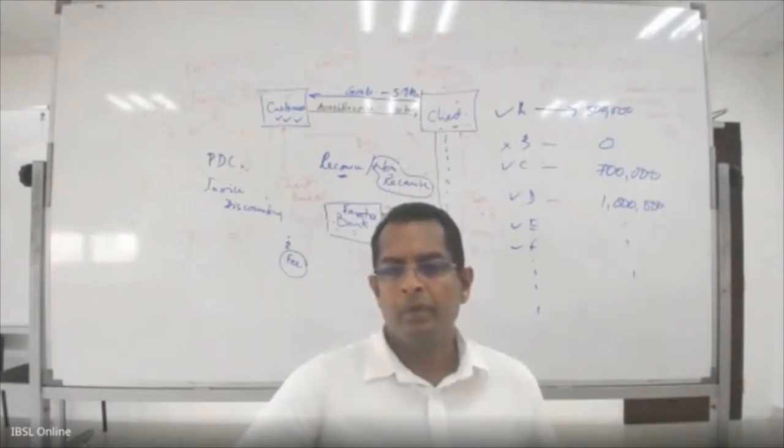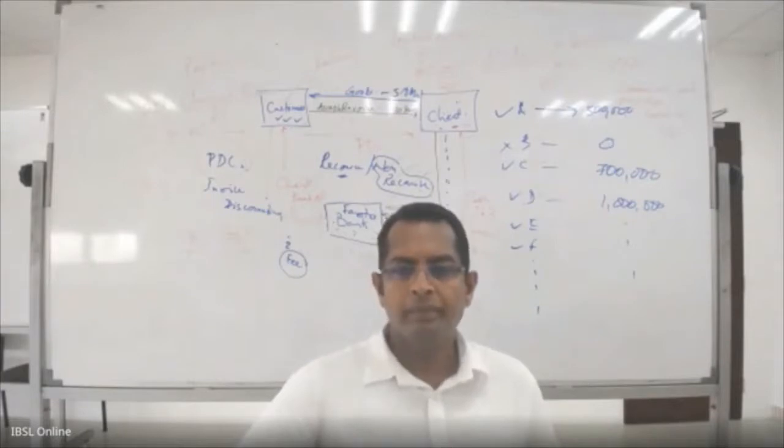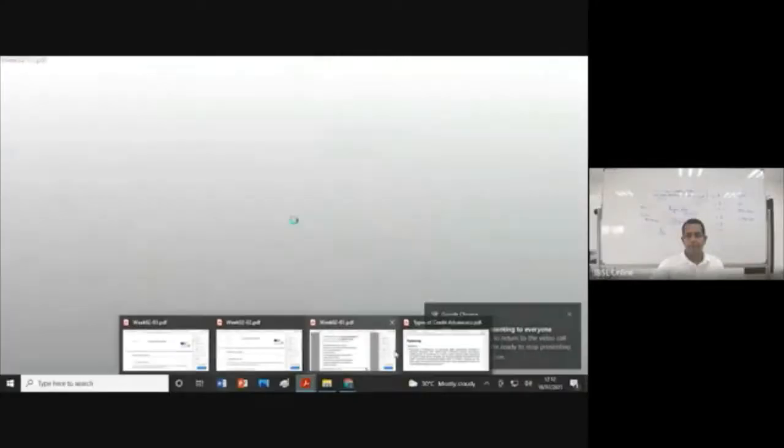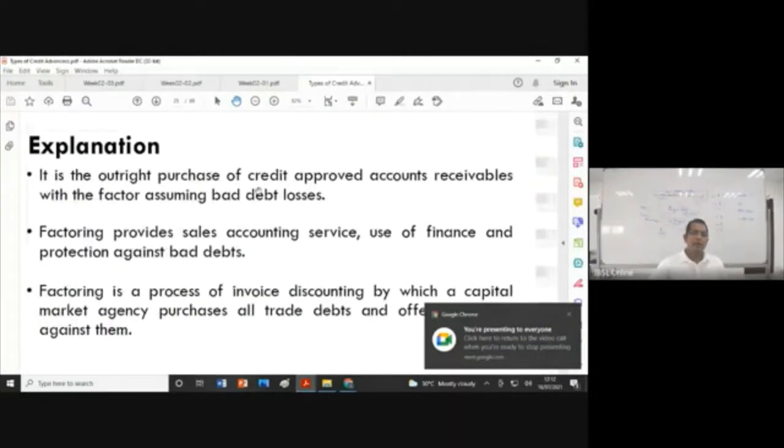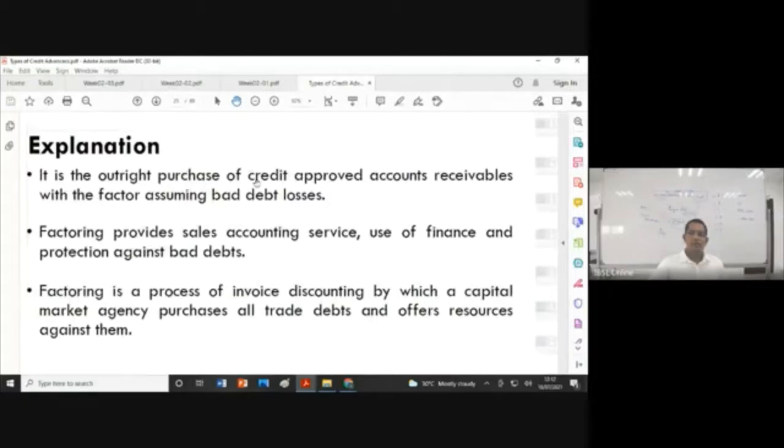Okay. If no questions, I will go to the screen. The factoring explanation: it is the outright purchase of credit approved accounts receivable with the factor assuming bad debt losses.